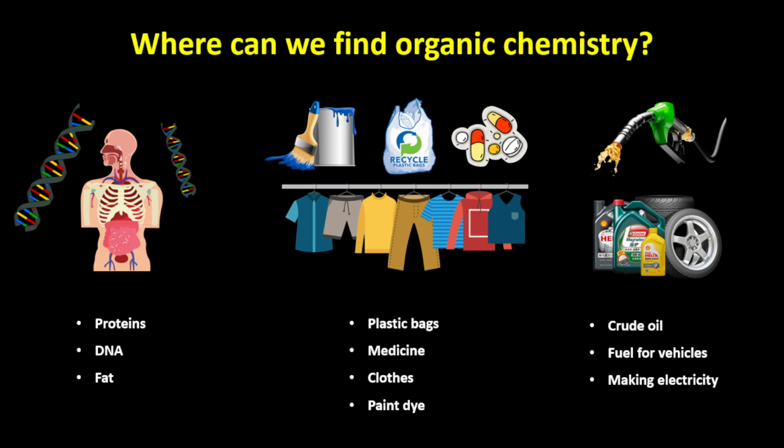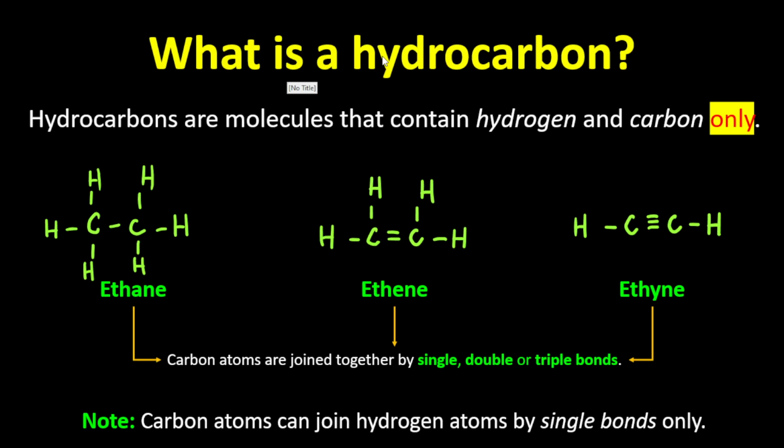So what is organic chemistry made of? It's actually made of what we call hydrocarbons. We call those molecules hydrocarbons because they are molecules which contain hydrogen and carbon only. For example, there can be different types of hydrocarbons.